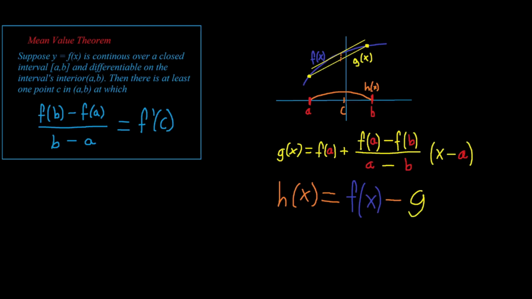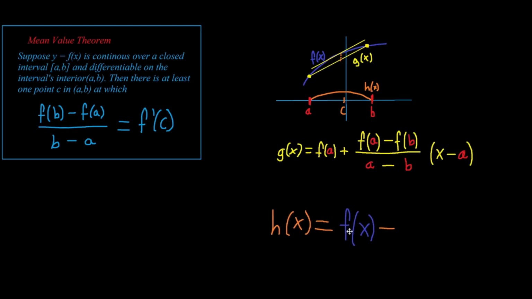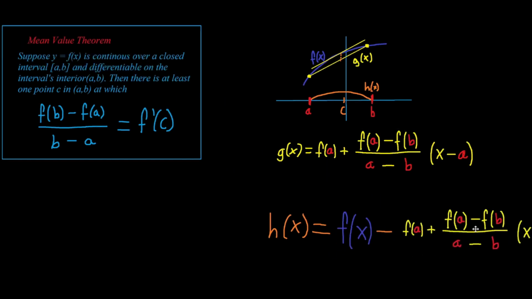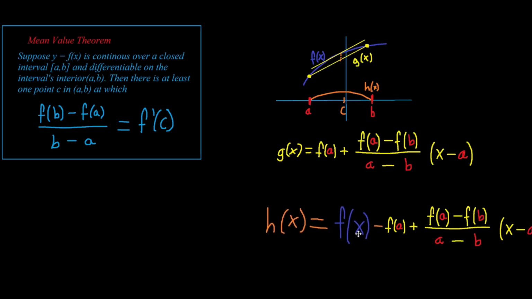And what we know up here is that g of x is equal to all this. So I'm just going to substitute g of x out right here and put in what it's equal to, which is all of this right here. I'm just going to copy and paste that, put it right here. There. Okay, so now we have this equation where h of x is equal to the difference between f of x and this long part here.